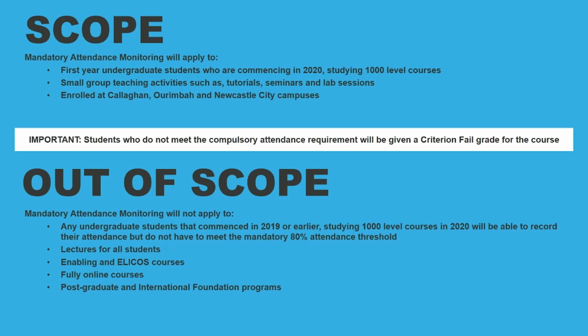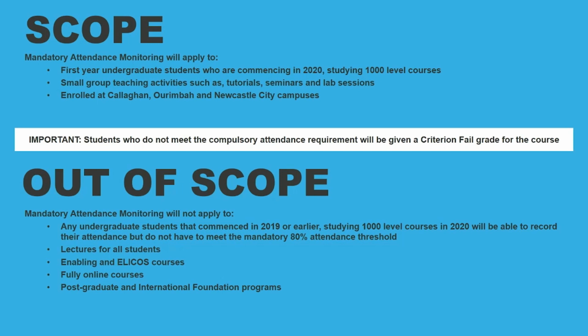In terms of scope, at this point in time, students that commenced in 2019 or earlier studying a 1,000 level course, i.e. as an elective or something like that, will be able to check in, they will have access. Basically, whoever is enrolled in the course will see the check-in tile.